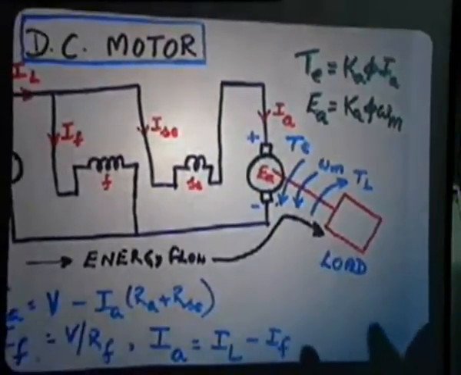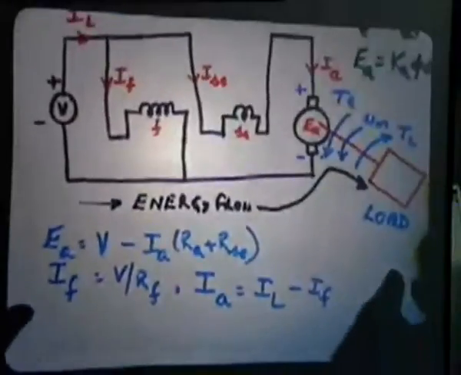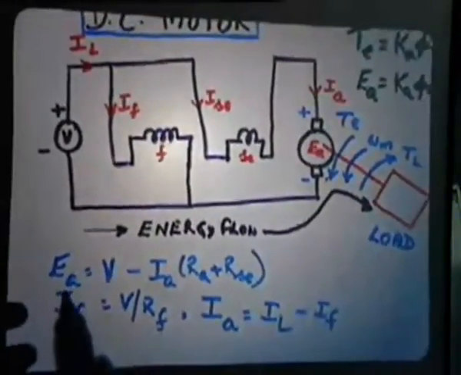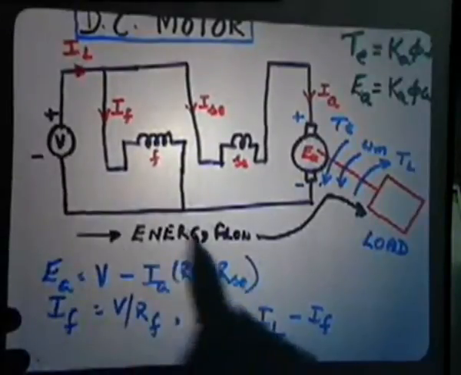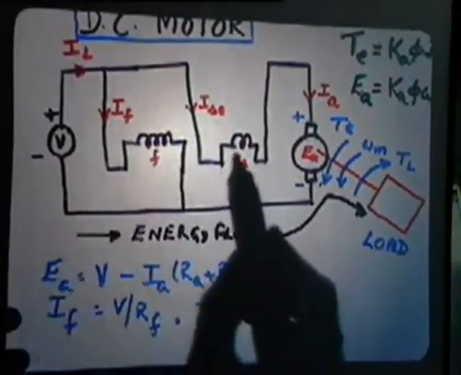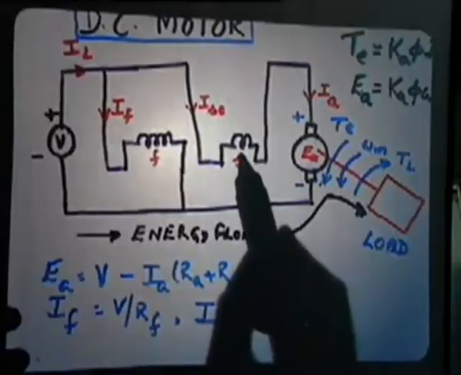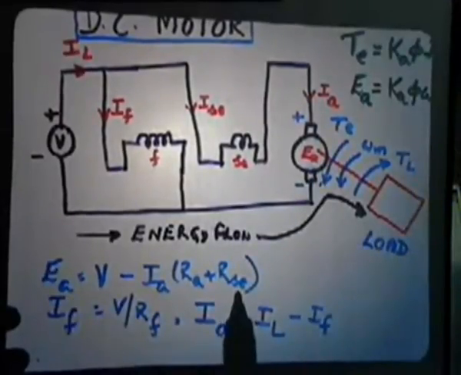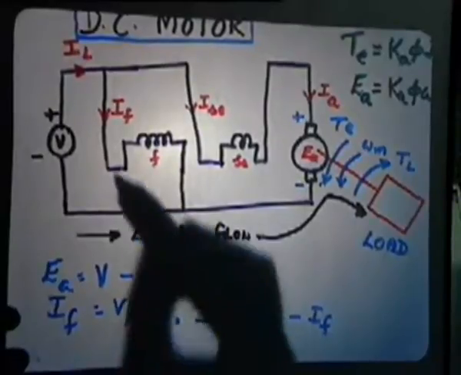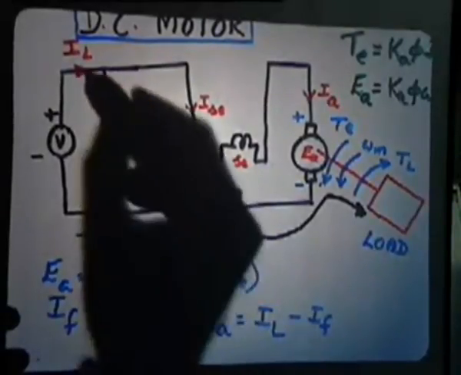The interconnecting relations can be written simply like this: Ea will be equal to V minus the drop in the series winding plus the internal armature resistance, Ea is equal to V minus IaRa drops.